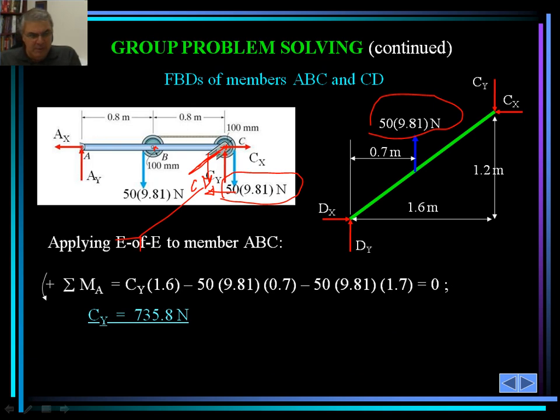So after showing all that, then we would look at some strategies. We apply equations of equilibrium to member ABC first. We take the summation of moments about point A. The reason we're doing that is because we're trying to eliminate as many forces as possible. We could have taken the summation of moments about point C. However, in that case we would have too many unknowns, and it would have been very difficult to solve.